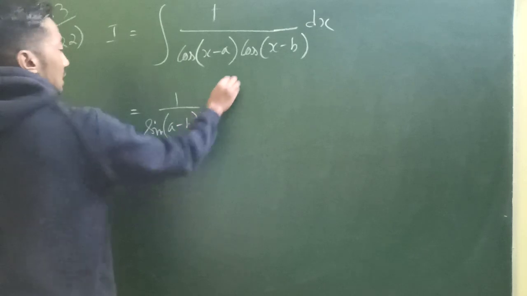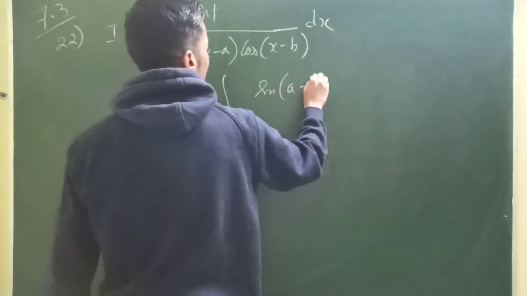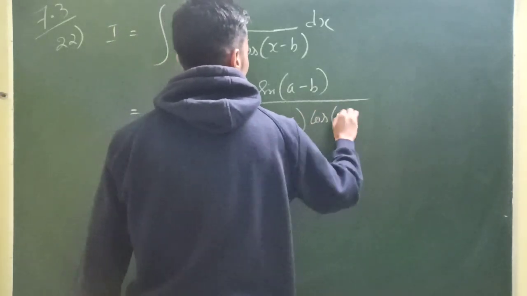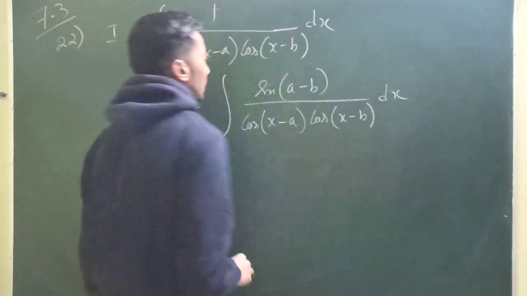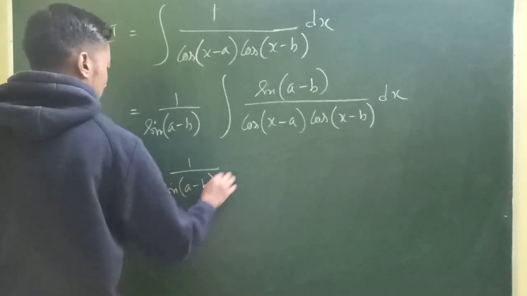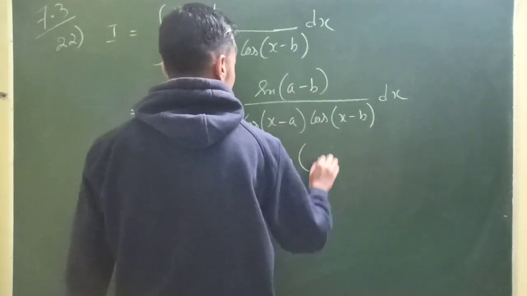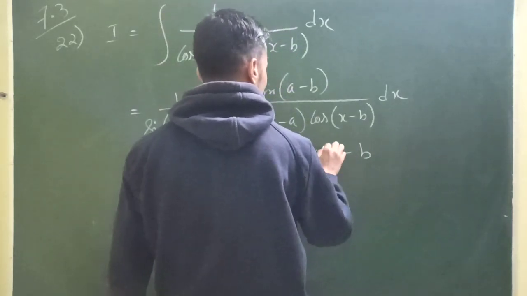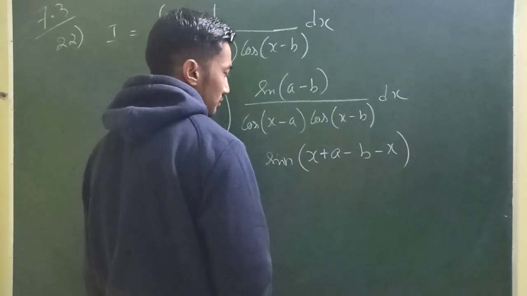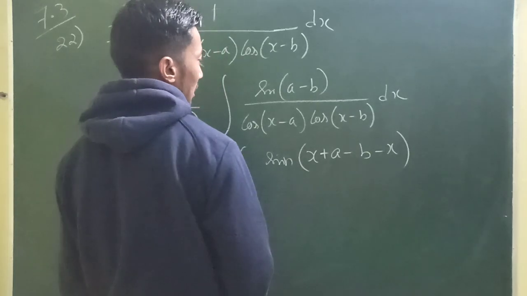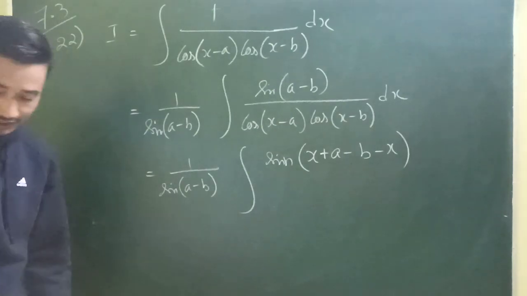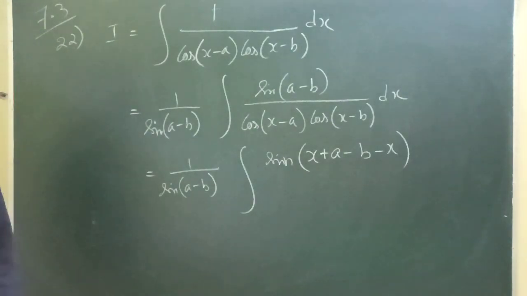Sine of a minus b. I am multiplying and dividing by sine of a minus b, because what I am thinking is, if I just add and subtract x, that's also fine, isn't it?